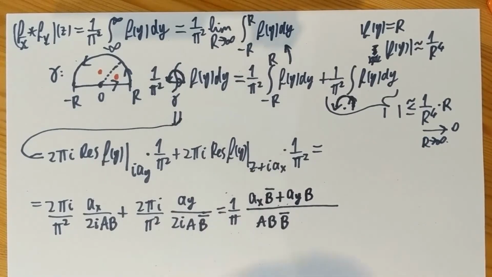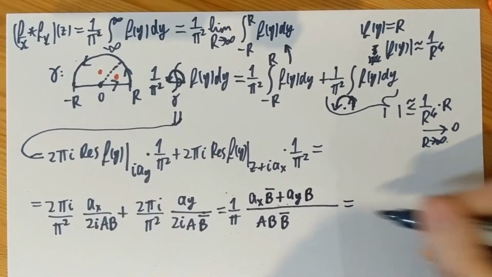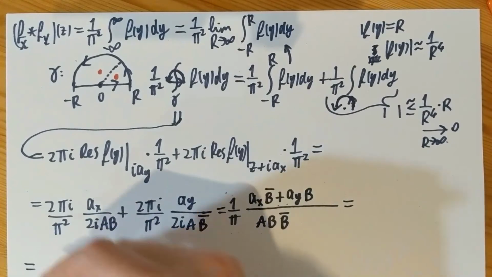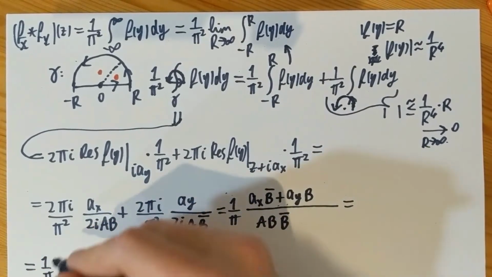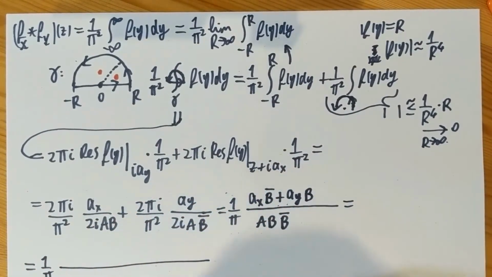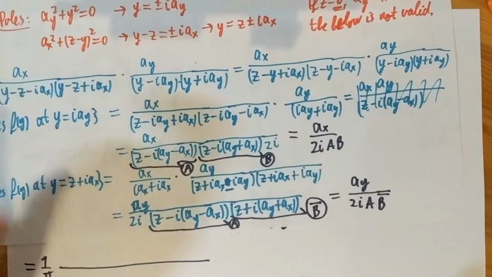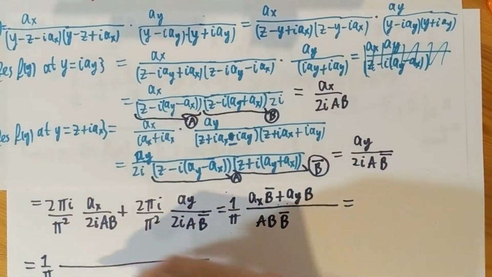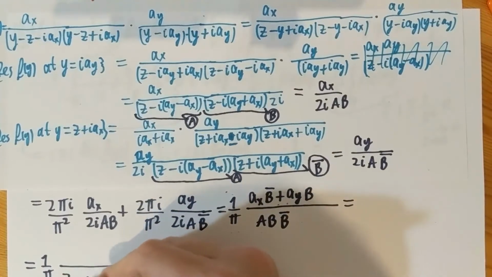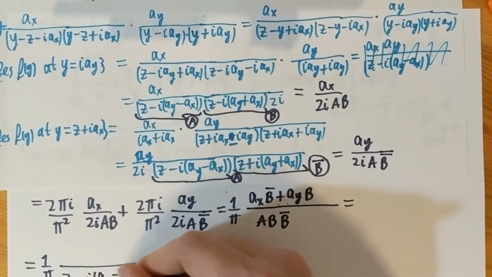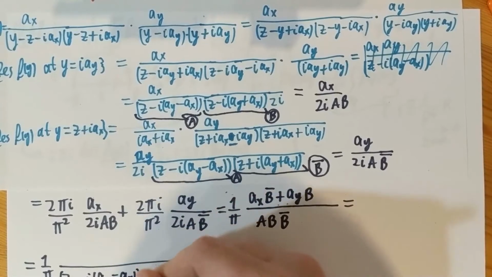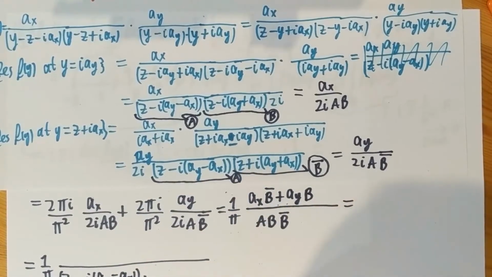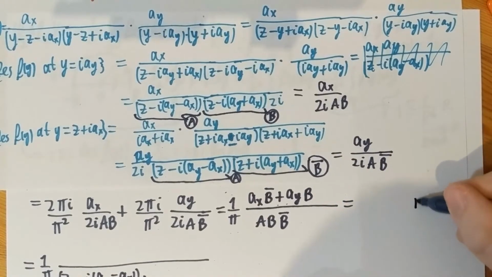Okay, now it's time to plug back in what A and B were. 1 over pi, and then let's start with downstairs. So I'm going to write in A, which is z minus i ay minus ax. That's A. Now, what is B times B complex conjugate?